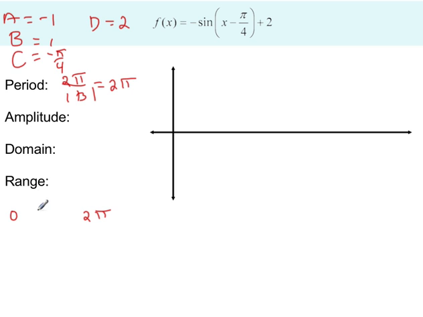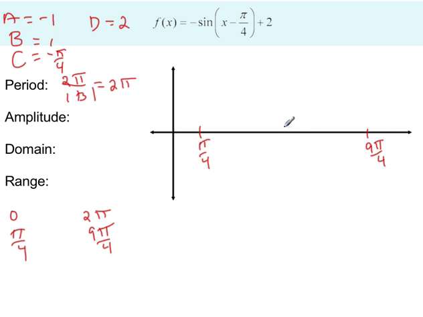So I am going to subtract -pi over 4, which is the same as adding pi over 4. So now I'm going to graph between pi over 4 and 9 pi over 4, because 2 pi plus pi over 4 is 9 pi over 4. Now I have the endpoints of the period I'm going to graph. So I'm going to draw this on my x-axis. I have pi over 4 here and 9 pi over 4 here.